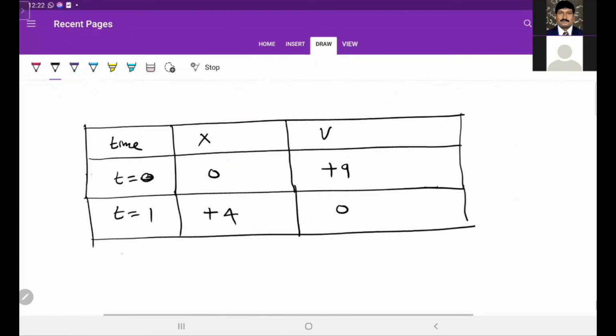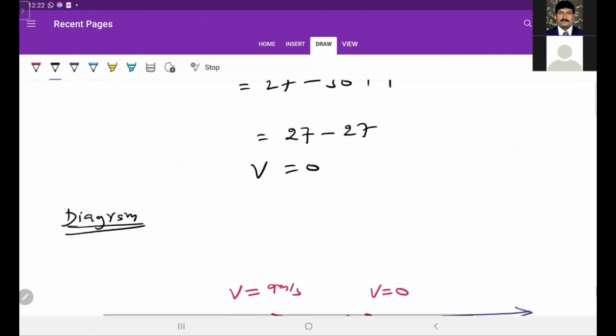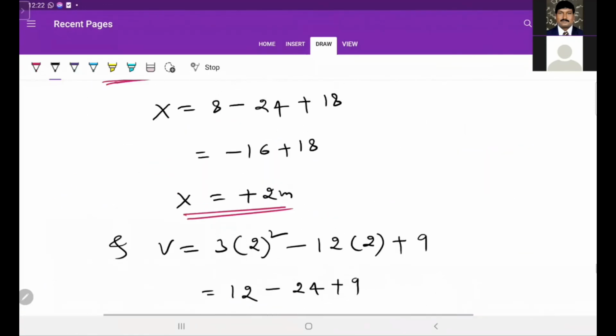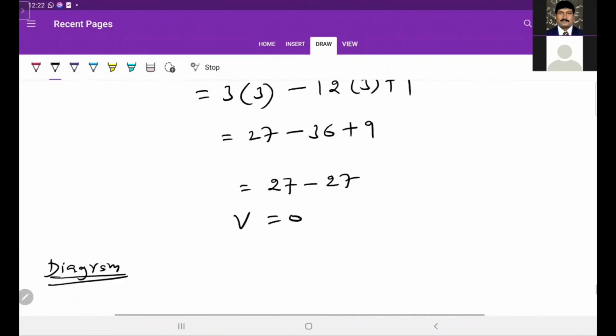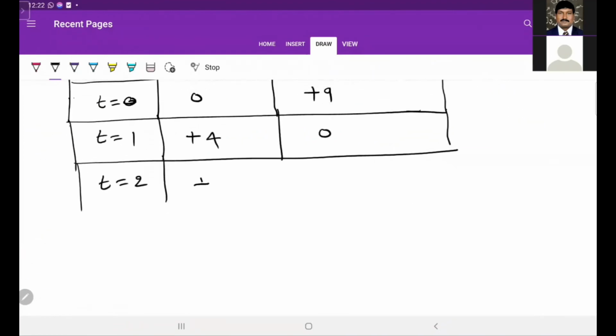At time t = 2 seconds, x is 2, velocity is minus 3. X is plus 2, velocity is minus 3.